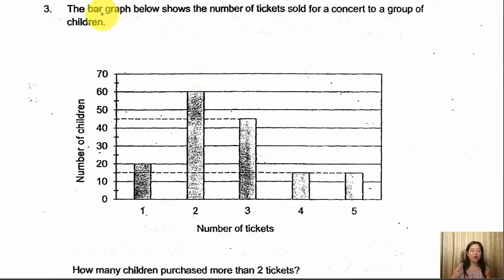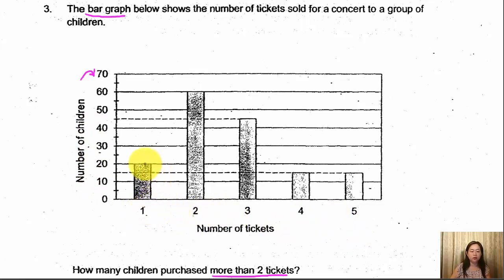Question 3. The bar graph shows the number of tickets sold for a concert to a group of children. How many children purchase more than 2 tickets? So this bar graph shows the number of children. These are all the numbers of children here, and the number of children who bought the number of tickets here.